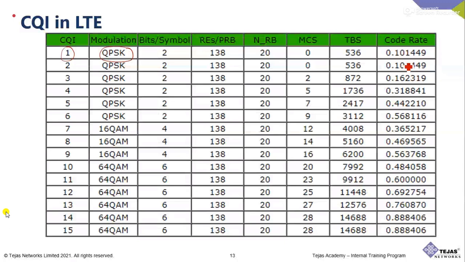I will come to this. Basically, I take this example. Let's say the mobile sends a value of 9 to eNode B. What will eNode B do in the downlink direction? It will do 16 QAM modulation, but the condition is that out of 4 bits, 0.5 means 2 bits it will code.